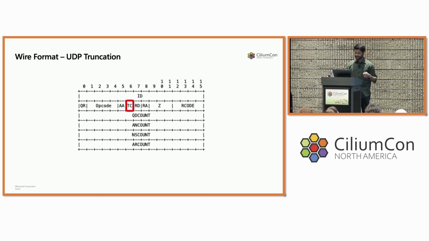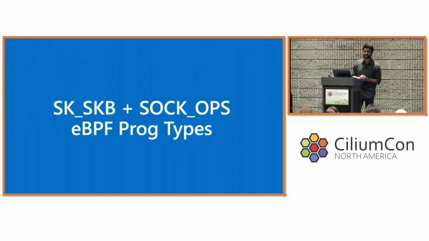Now, how do we deal with that? The problem with TCP is that you can have multiple packets, and your response might be split across multiple packets. If you've ever tried to understand how the TCP state machine works, I will not attempt to do that in BPF. But luckily, this is a solved problem thanks to John Fastabend, who implemented a new BPF program type called SKSKB, which lets you work with sockets.